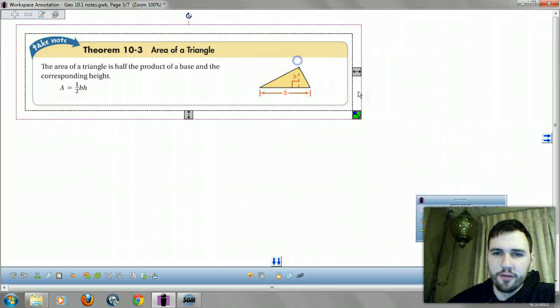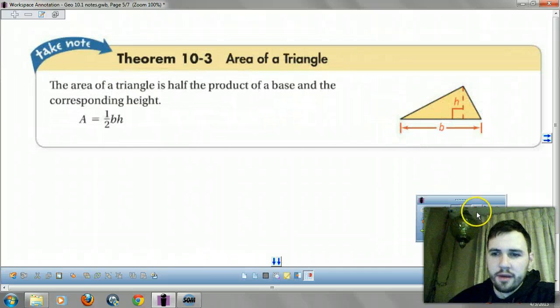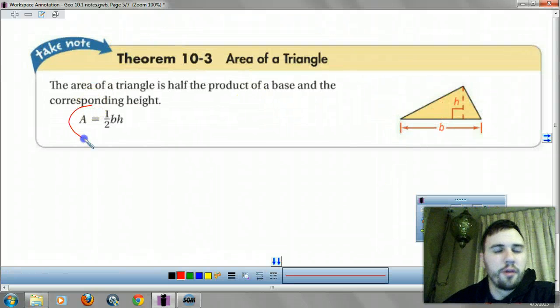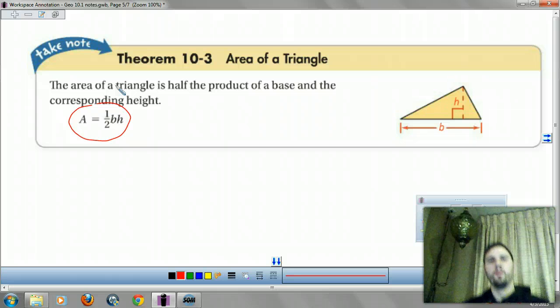That leads us to this formula. A triangle formula for area is 1/2 your height times your base, because it's half a parallelogram. Put that in your memory banks. 1/2 base times height. Height times base, doesn't matter. It's commutative.